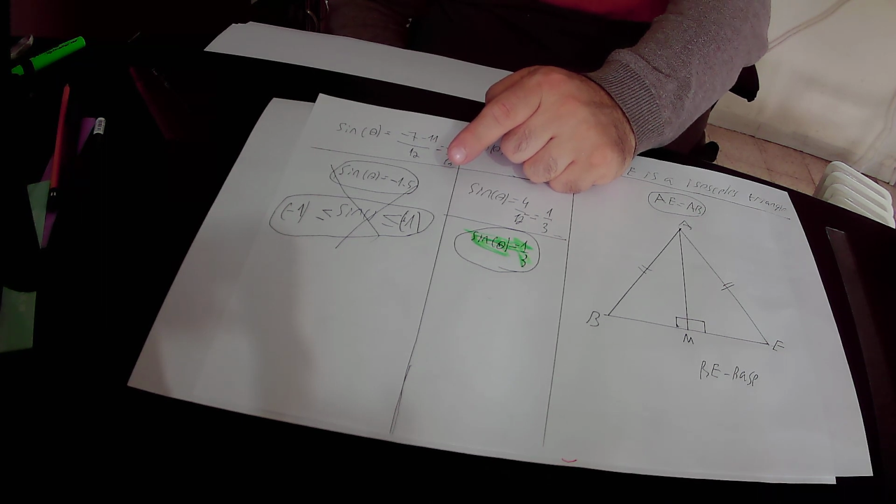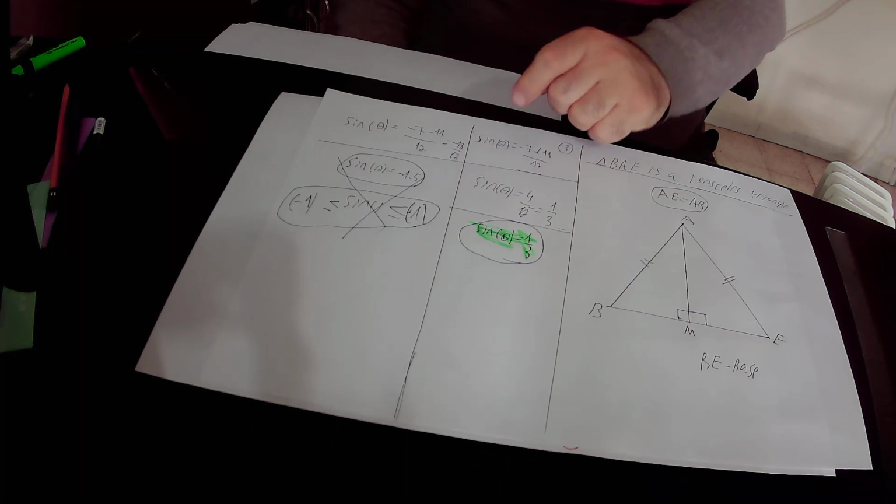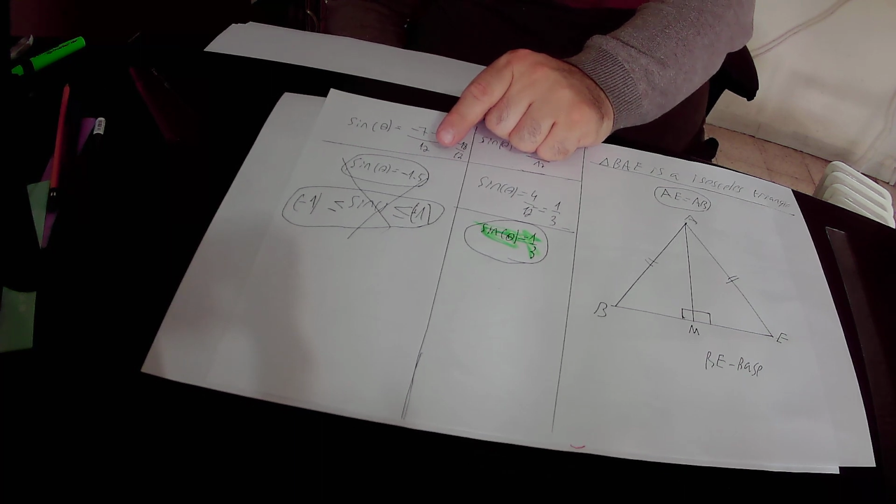That is to say, sine theta can never be equal to minus 1.5, because sine theta can accept values only from minus 1 to plus 1. So this solution is incorrect.